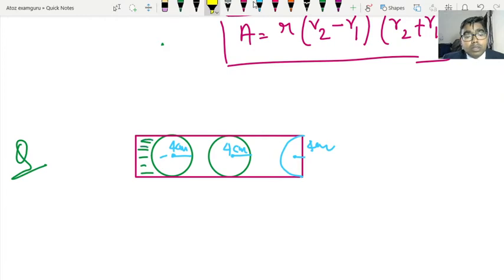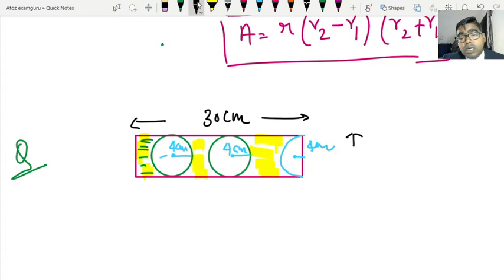This region, you have to find this. Then how will you approach this question? The total length of this is 30 centimeter, and this is 4 centimeter. Right friends? Simple. So calculate the area of this rectangle.